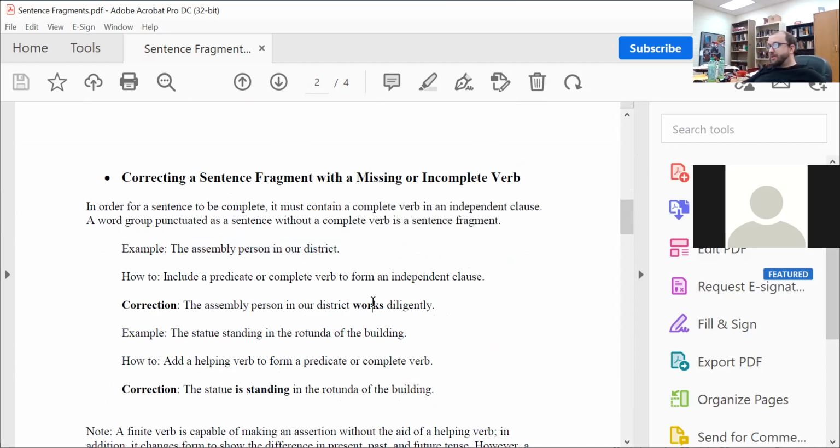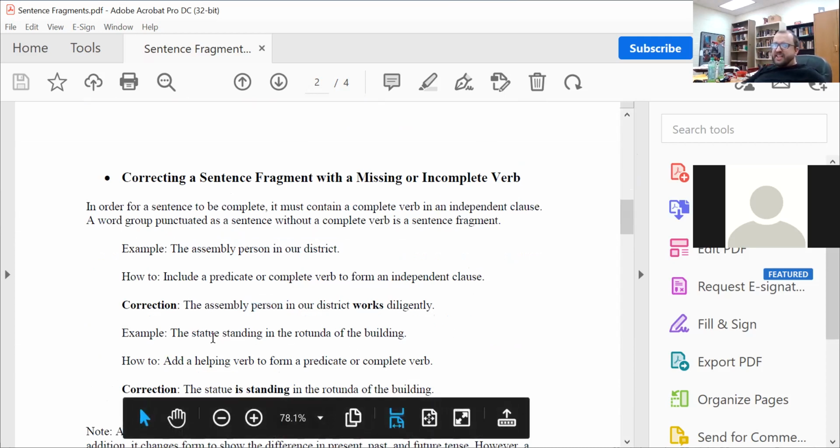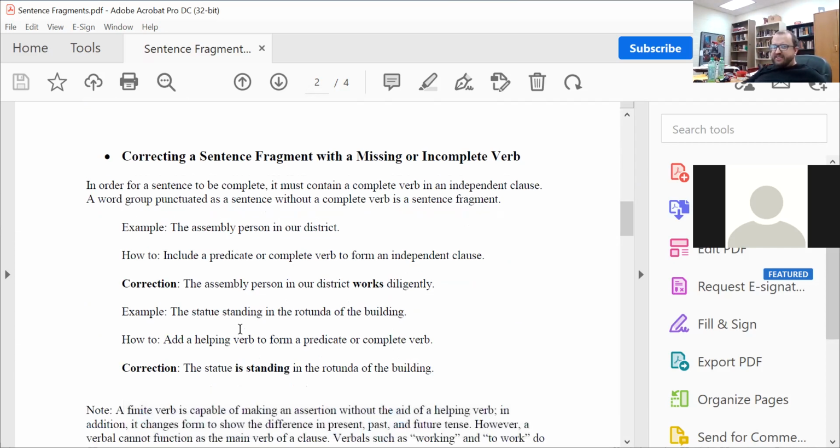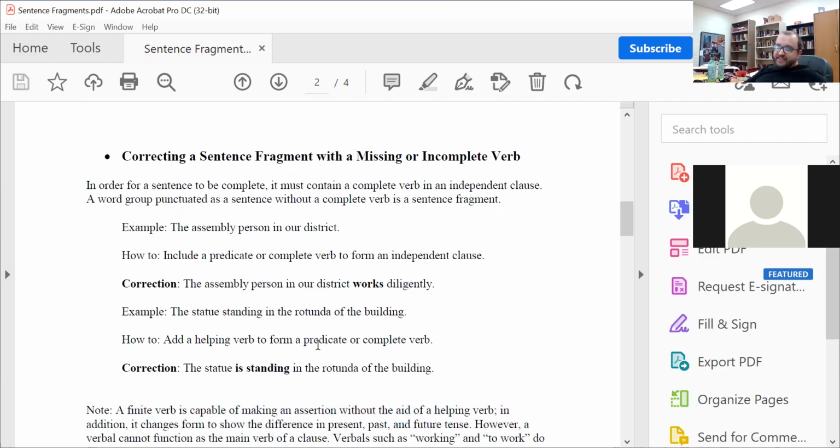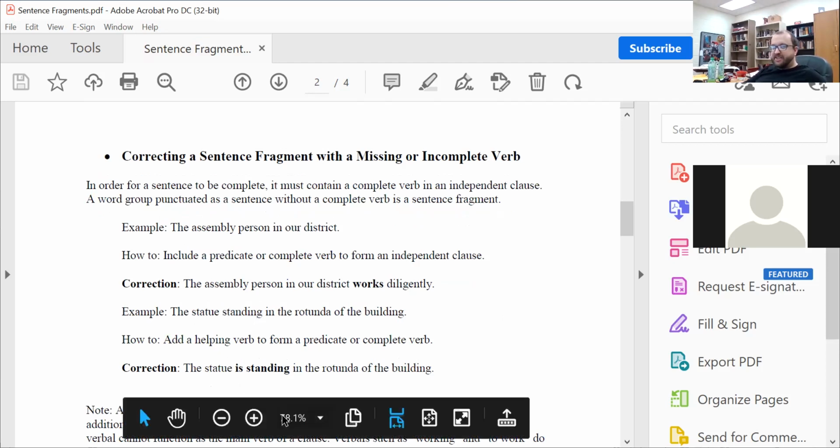What does the assembly person in the district do? Like the assembly person in the district works diligently. The statue standing in the rotunda of the building. So if you just have the ing verb there, right, standing, it needs a helper verb with it, right? So the statue is standing in the rotunda of the building.